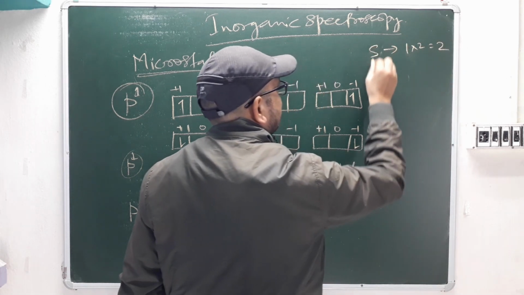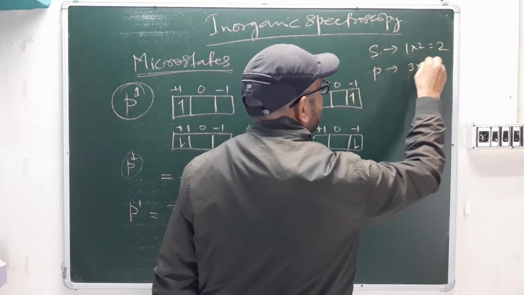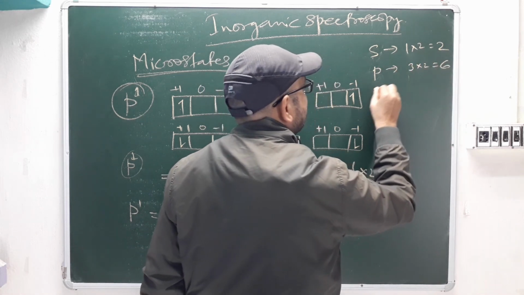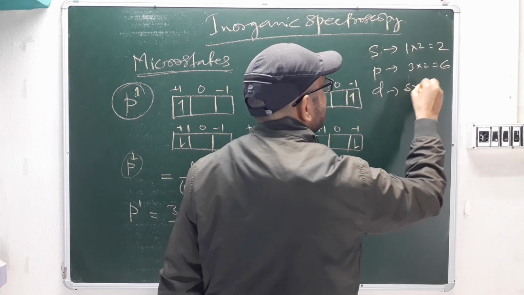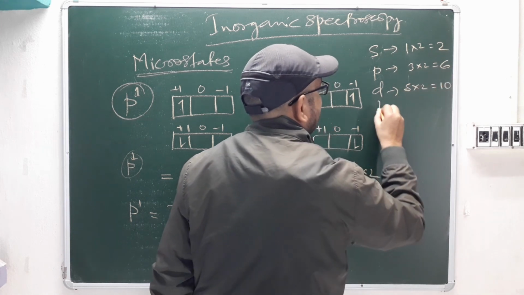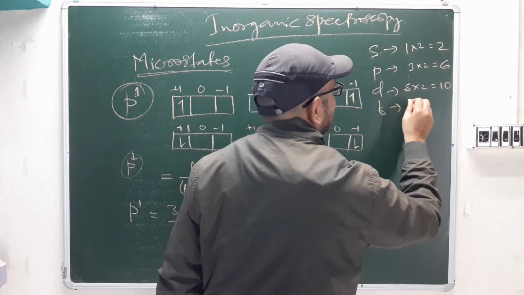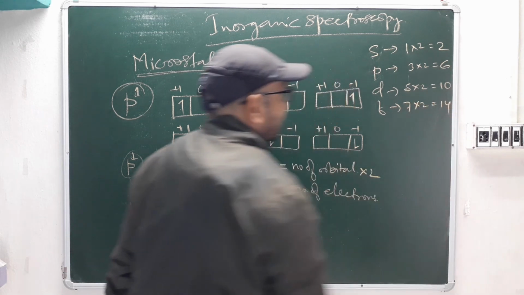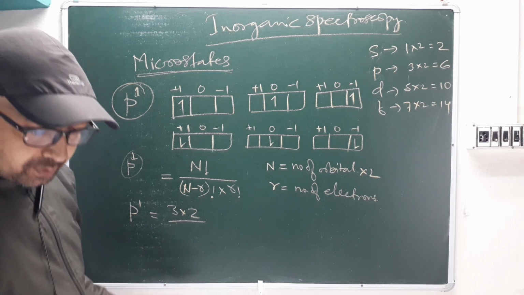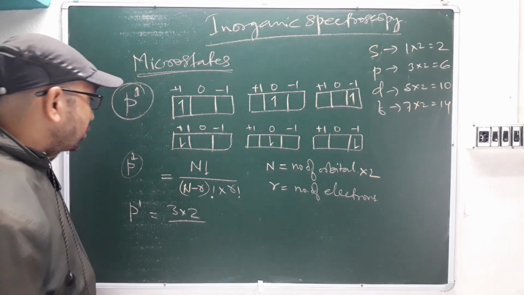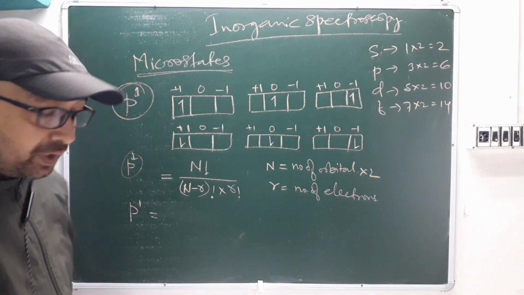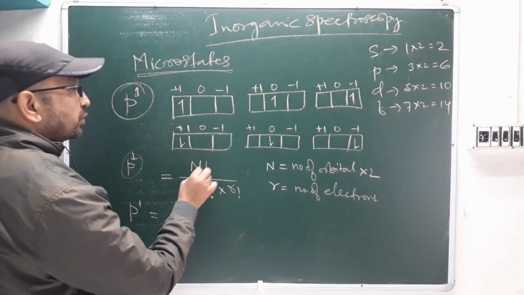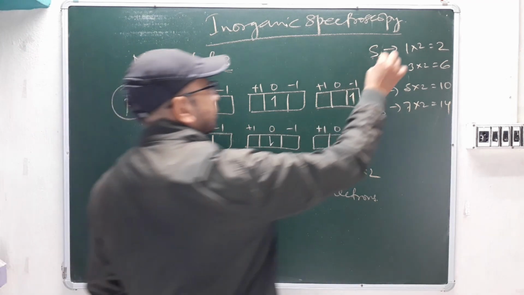If it is p, it will be 3 into 2. If it is d, it will be 5 into 2. If it is f, it will be 7 into 2, so it will be 14, correct? So now directly we will fill it out. For p it will be 6. We are not going to multiply here because it will make your equation more complicated. So n should be, here it is for n, right?